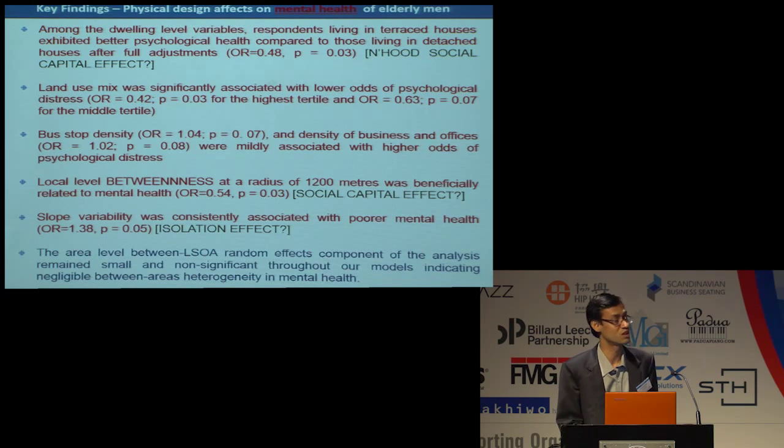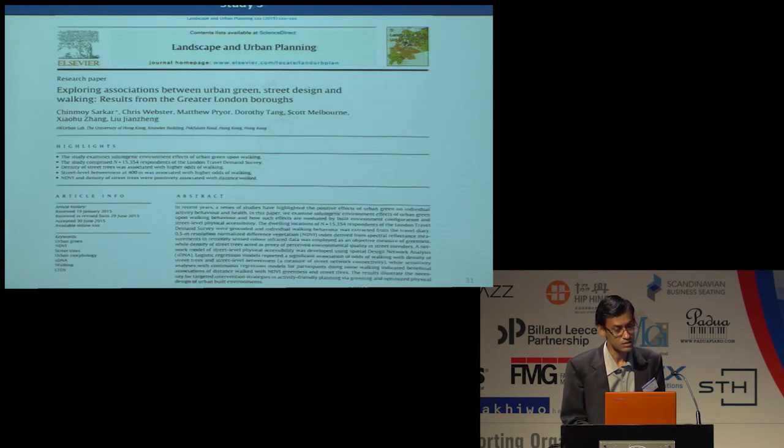Land use mix was significantly associated with lower odds of psychological distress. Density of bus stops and density of business and offices were associated with higher odds of psychological distress. Betweenness at a local scale of 1,200 meters was beneficially associated with mental health, and slope variability was associated with poorer health outcomes.